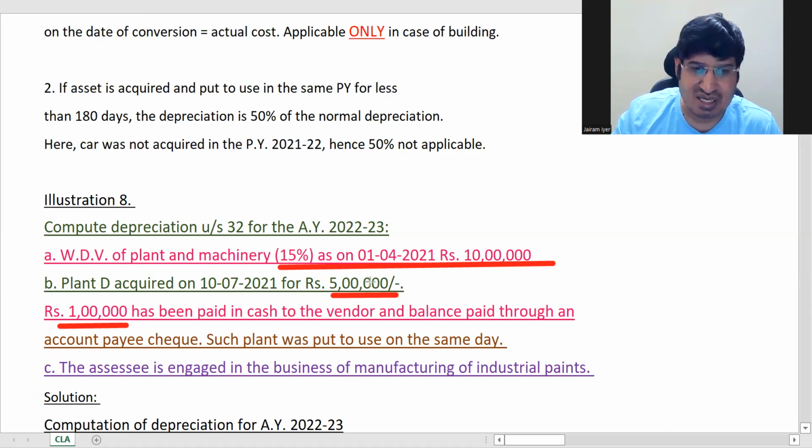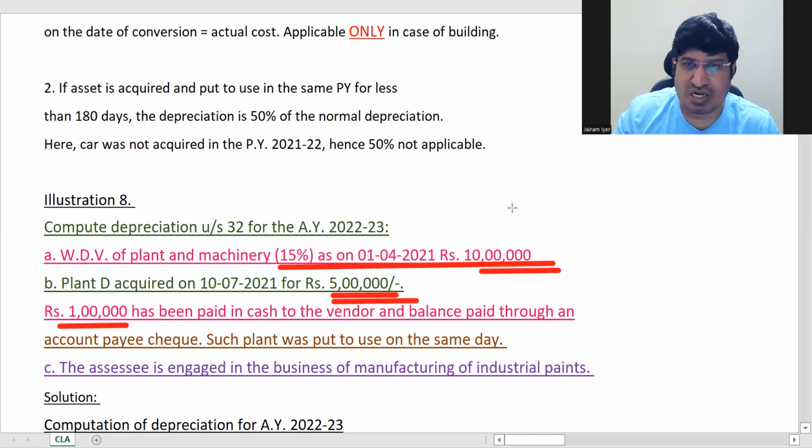That is one thing, and this is opening WDV. As far as additional depreciation is concerned, you will get it only for new plant and machinery. So for this 10 lakhs you will not get it. You will get it only for 4 lakhs here, which is 5 lakhs minus 1 lakh.